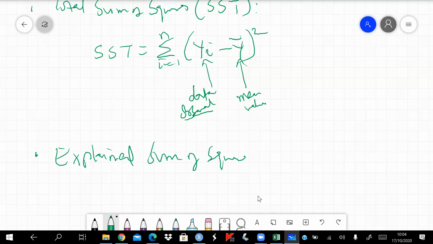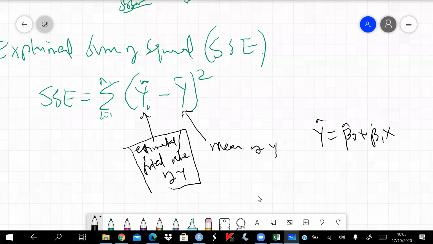Remember, we said that if you look at this model, y is equal to beta naught plus beta 1 of x plus u, this is the part that explains the variation in y, and this is the unexplained, the residual. Then finally, we have the residual sum of squares, which we shall denote here as SS residuals.